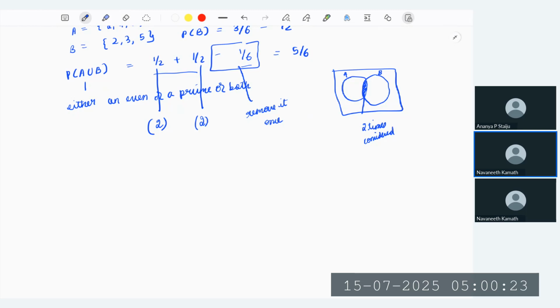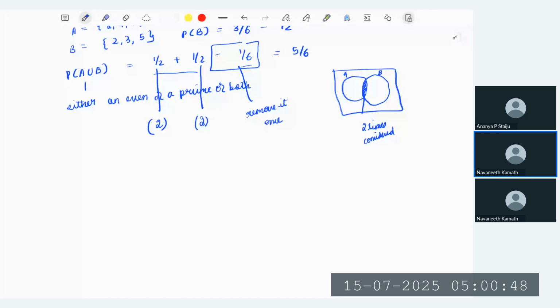What are mutually exclusive events? The intersection value will be null, right?